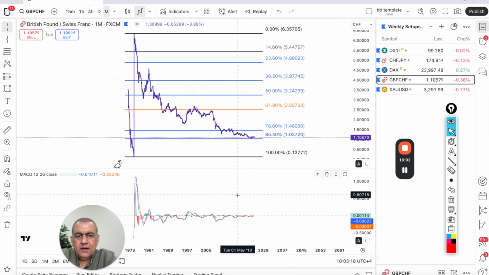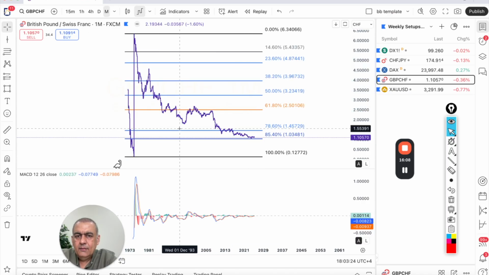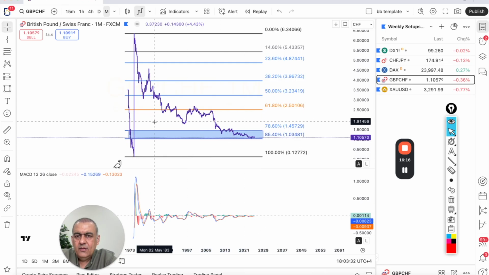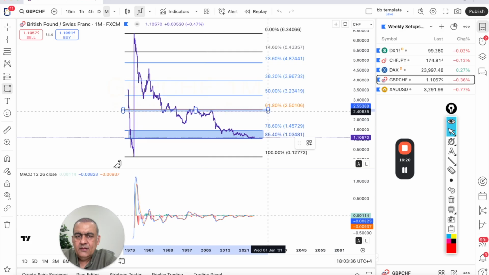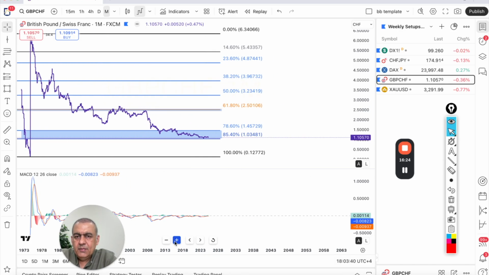Now the strong areas on the Fib retracement scale, we have 78 to 85. This is the strong area, and 61 is the strong area. Now what is the pattern here?